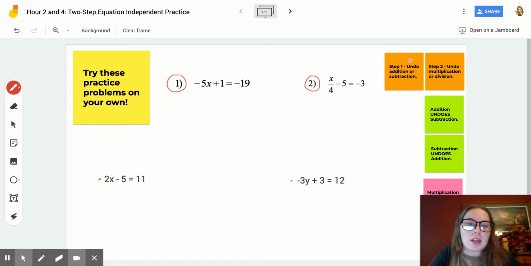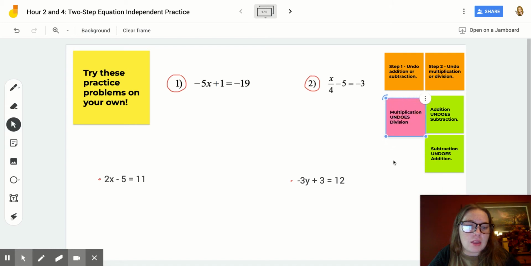On the side, I wrote that step one, we have to undo subtraction or addition. And then step two is undo multiplication or division. So let me try to move this so you can see more. And then on the side again, I also wrote the inverse operations, those operations that are going to undo each other.